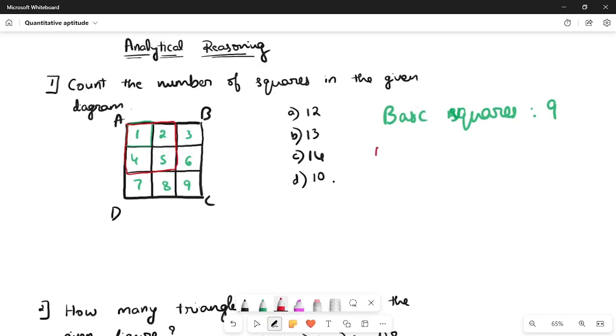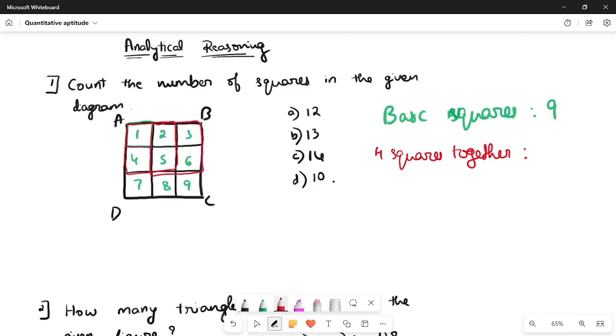So if I consider 4 squares together, how many squares am I going to get? This is 1 by taking 1, 2, 4, 5. Then if I consider 2, 3, 5, 6, then I'm going to get one more.